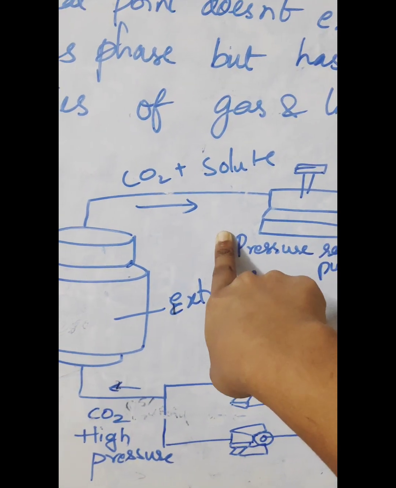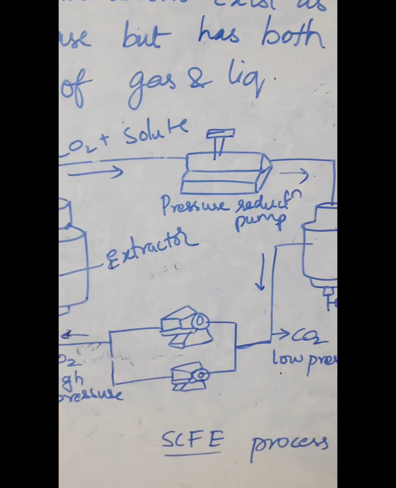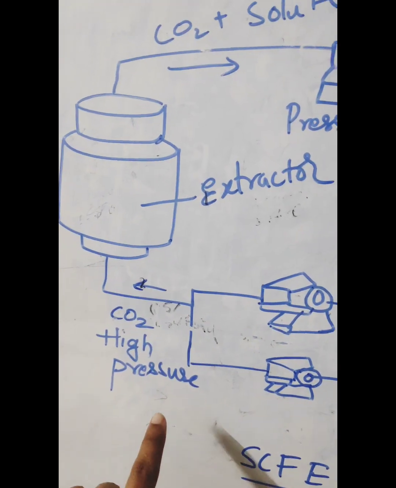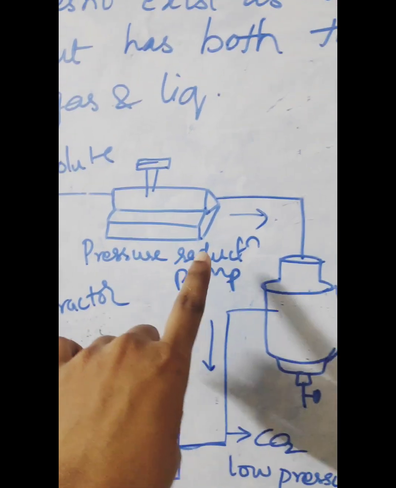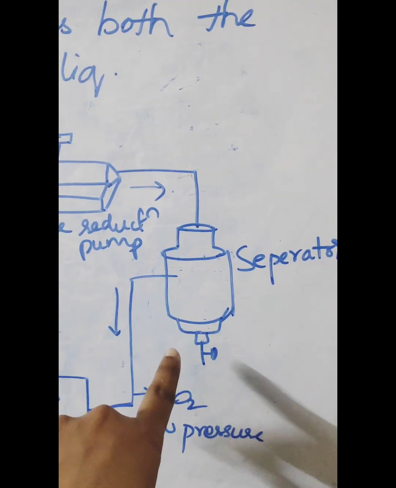You can see the arrow indication here. Next it is going to move into the pressure reduction pump. Why does the pressure have to be reduced here? Because the carbon dioxide is pumped at a high pressure, so now it has to be reduced. Now it has been reduced and sent into the separator over here.